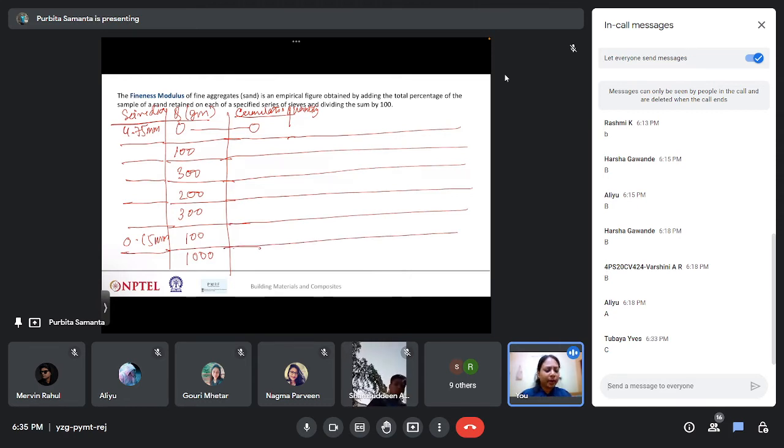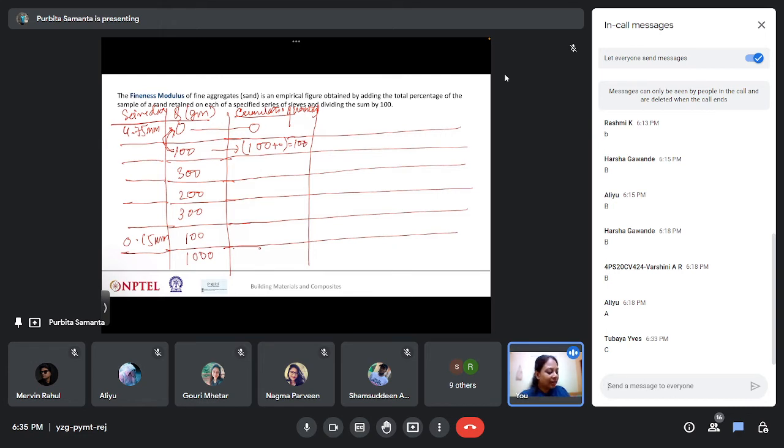Apart from Tubaya, anyone else who could do this? So cumulative means what? We will add the previous weight to the weight of this particular one. So 0 plus 0 is 0 only. Then 0 plus 100 is equal to 100.